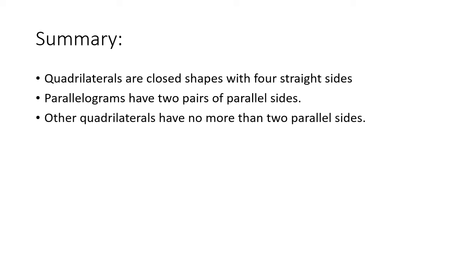Then we have other quadrilaterals that have no more than two parallel sides. So our trapezium has two parallel sides. Our kite has no parallel sides, but it does have some sides of equal length and some equal angles. And then we had our irregular quadrilaterals that really have no common sides or angles necessarily.